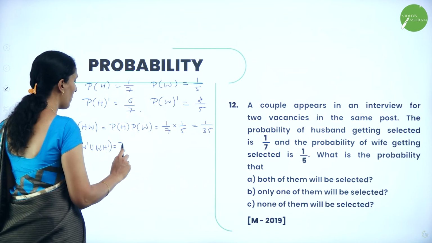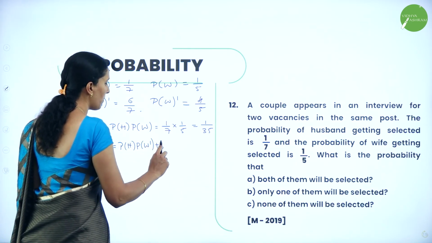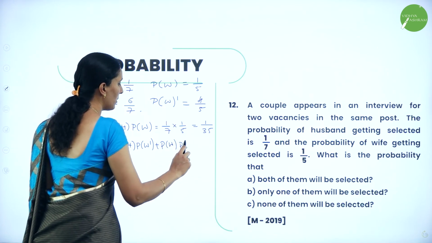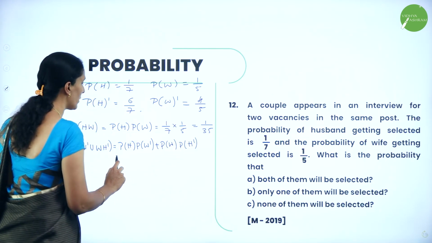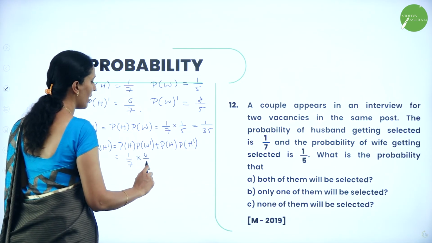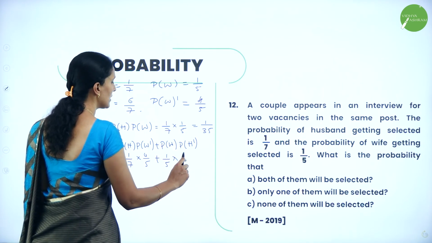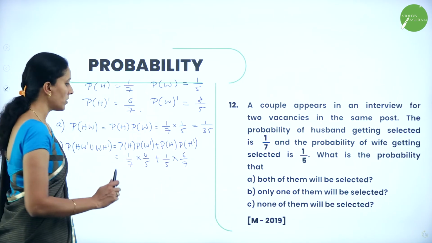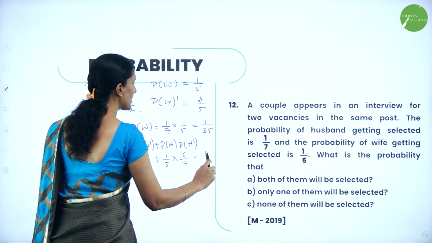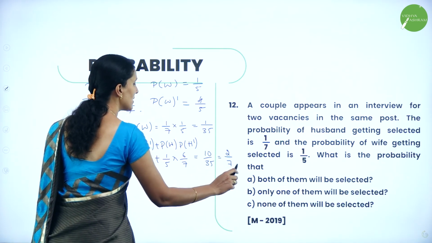That is probability of H, probability of W dash, plus probability of W, probability of H dash. So it is 1/7 into 4/5 plus 1/5 into 6/7. On solving this, you will get the value as 10/35, which is equal to 2/7.